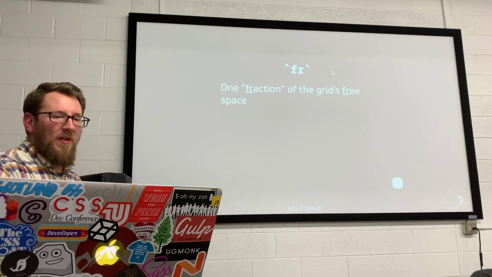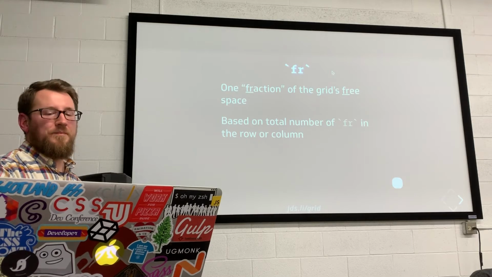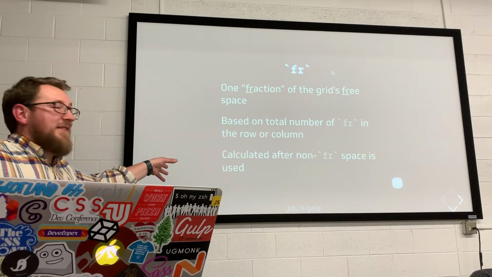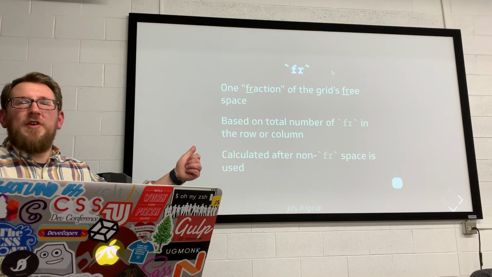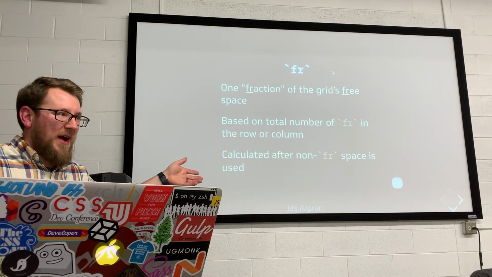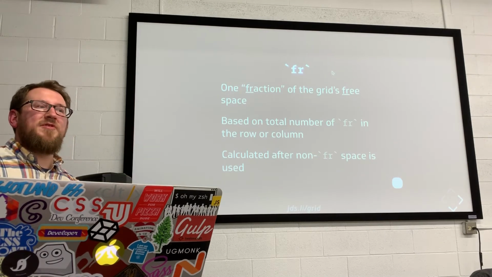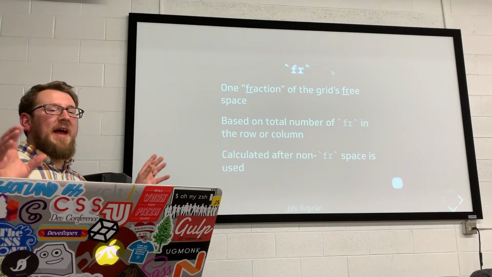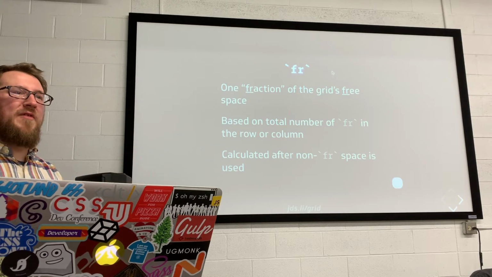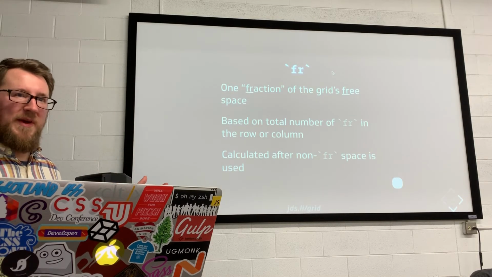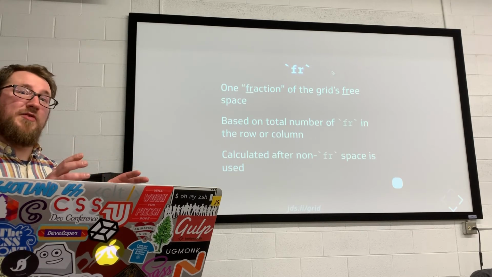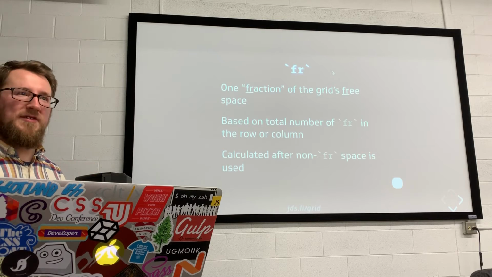After all the non-fractional space gets used up, that's things like pixel grid tracks, percent-based grid tracks, em or rem based grid tracks, all the fixed measurements, as well as gaps, any available space is your available fraction zone. And then however many fractional units you've put in that same series of track values determines how much each of those columns or rows gets from whatever space remains.